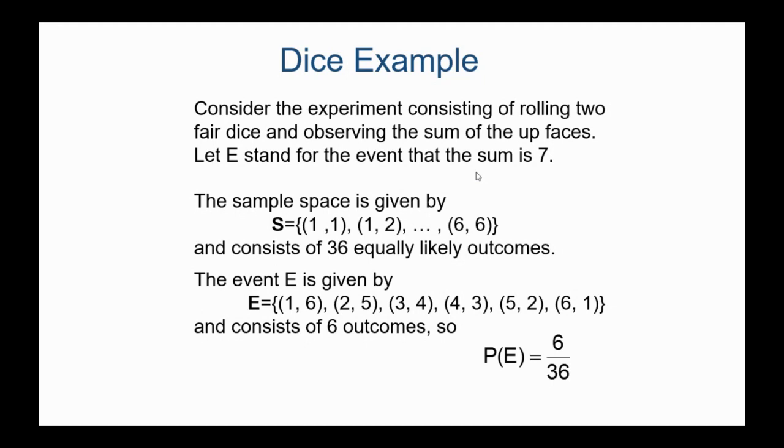Now, typically we would reduce it, but for now we're going to leave it as 6 over 36 because we want to use this answer at the end. We're going to need this example on the next page.